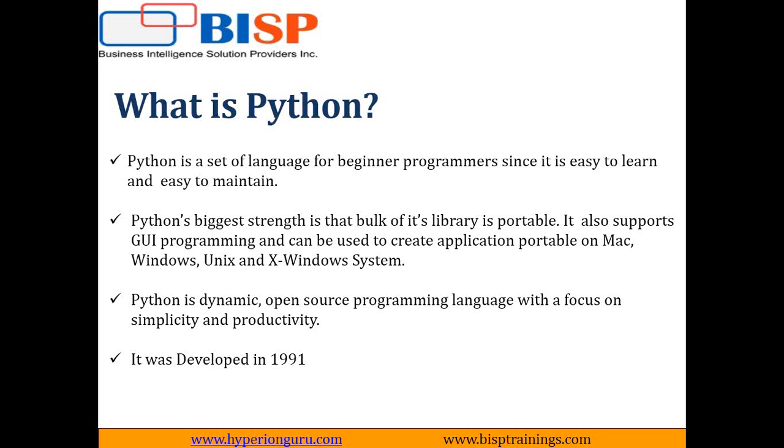We have all the OOPS concepts which we used to have in Java, and the same OOPS concepts we can implement in Python as well. It's a high-level built-in data structure programming language, combined with semantic types and dynamic binding, which makes Python very attractive for rapid application development.